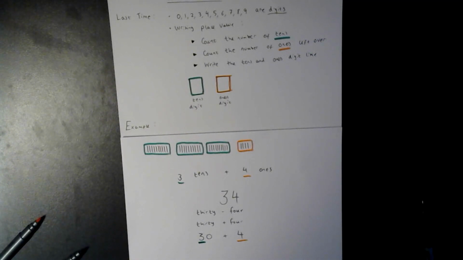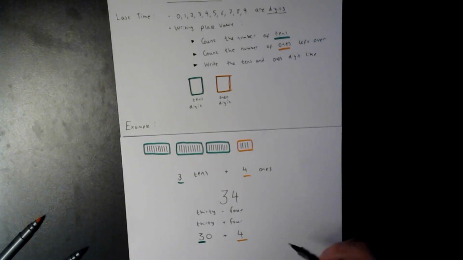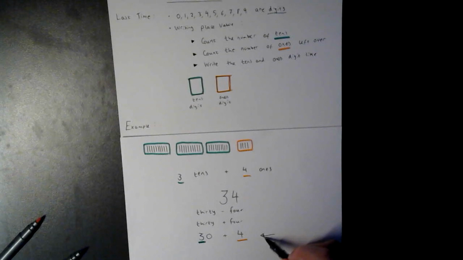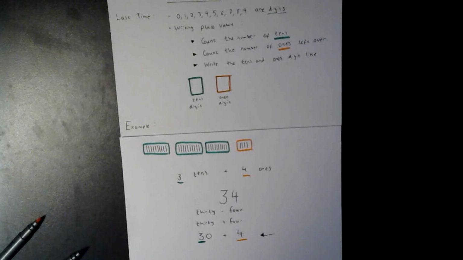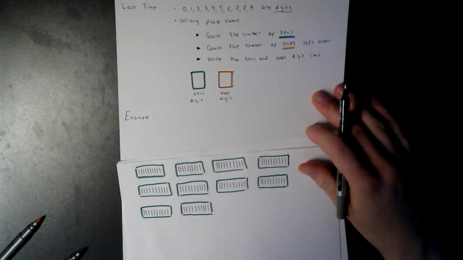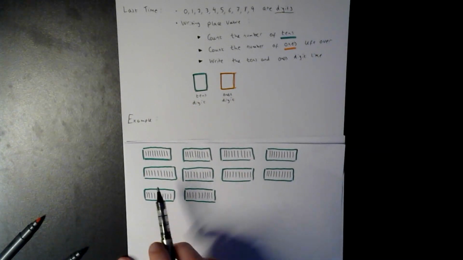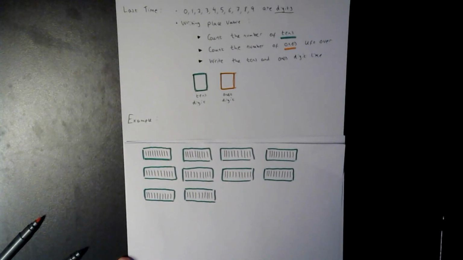Okay. Now that we've looked over again what we did last lesson, as well as this little tidbit here, let's have a look at a new type of example. Okay, so we have a number here that's made up with a few more lines this time. It's quite a lot. So what we're going to do again is we're just going to count up how many tens there are and then how many ones.